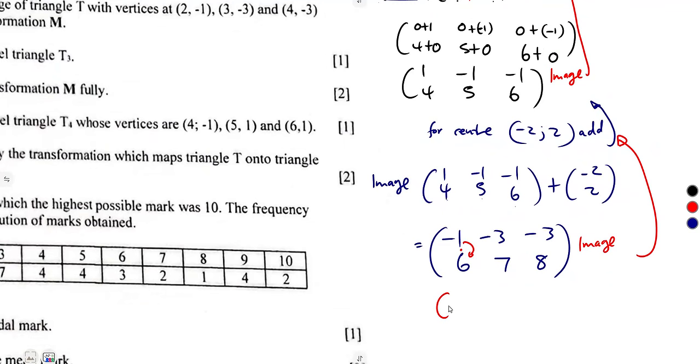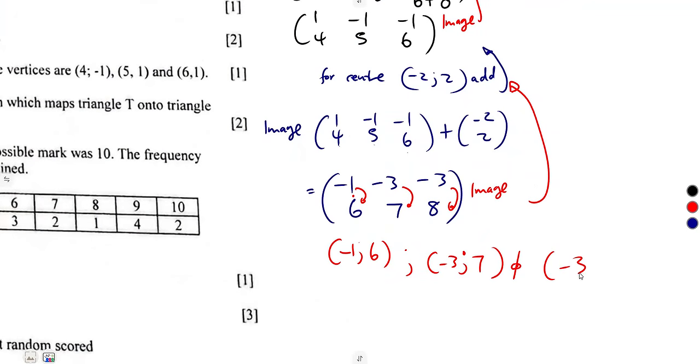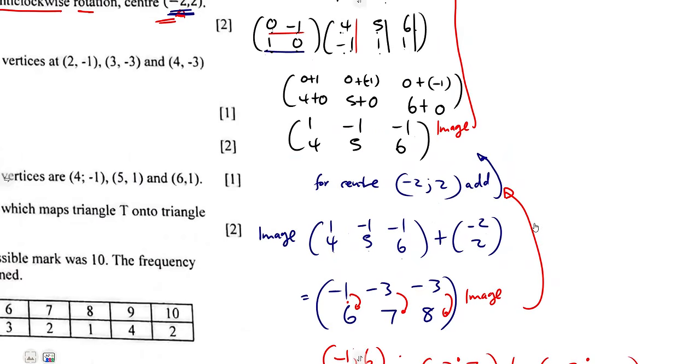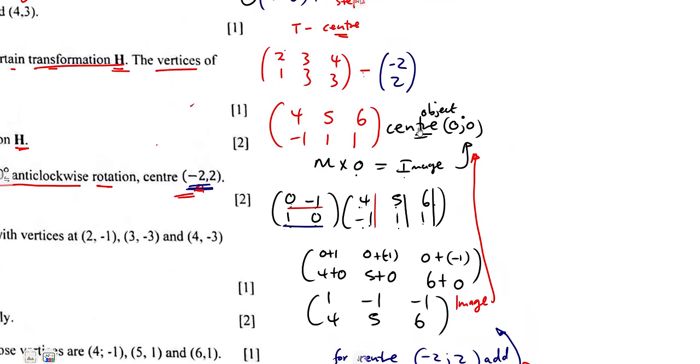So these are the coordinates that you're going to plot. Minus 1 versus 6. Minus 3 versus 7, and minus 3 versus 8. If you are using the matrix method, it's just a lot of calculations, but that is the concept, guys.